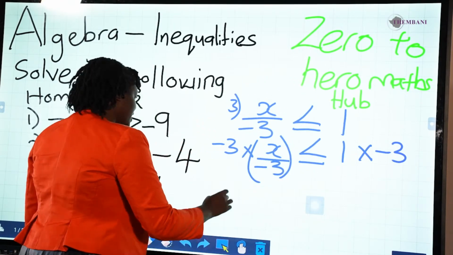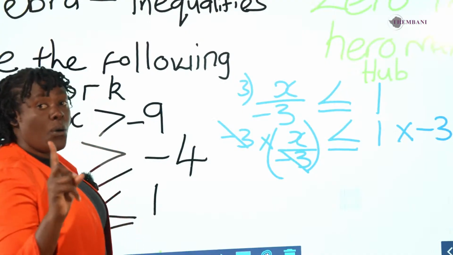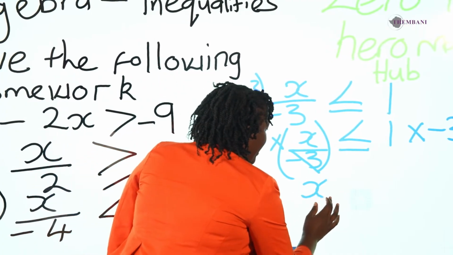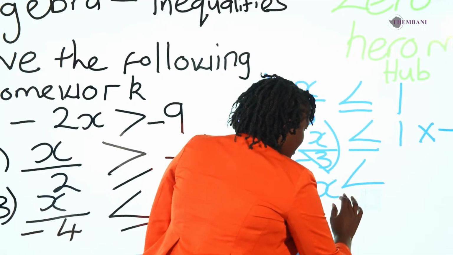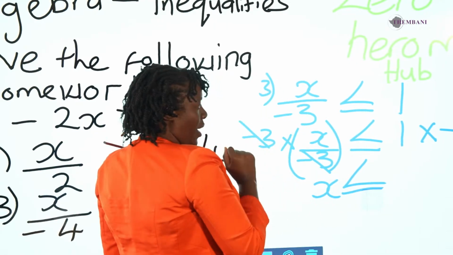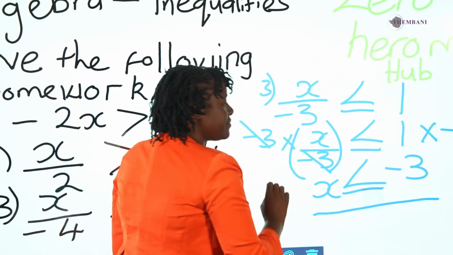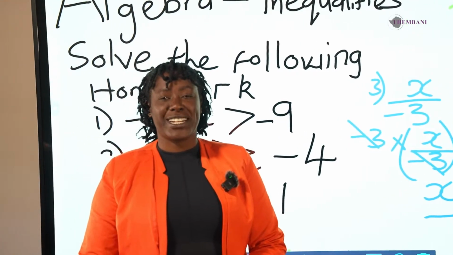This negative 3 we divide into this negative 3 and we get a 1. Then 1 multiplied by x will give us an x, which is positive. And then this is less than or equal to 1 multiplied by negative 3, which will give us a negative 3. This was our homework. I hope you managed to get all the questions correct.